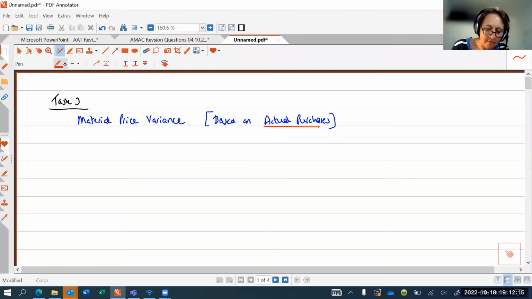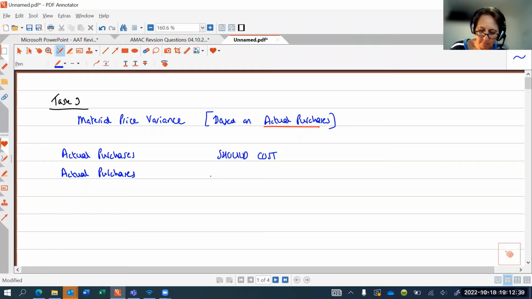So my blank version of this variance will say, it says here it's based on actual purchases. So it will actually say actual purchases, then I can leave a space to fill in what they're going to be. Actual purchases should cost. And because I compare like with like, I then want to know what my actual purchases did cost.